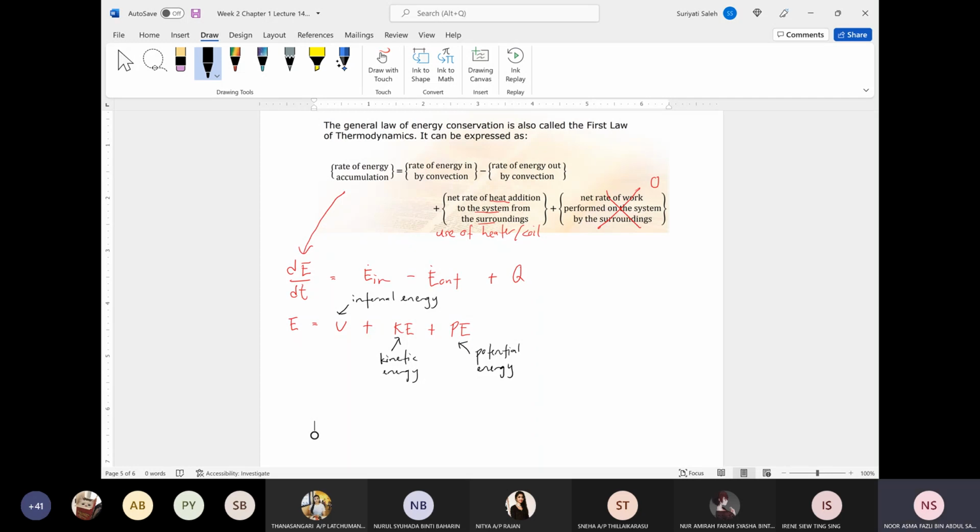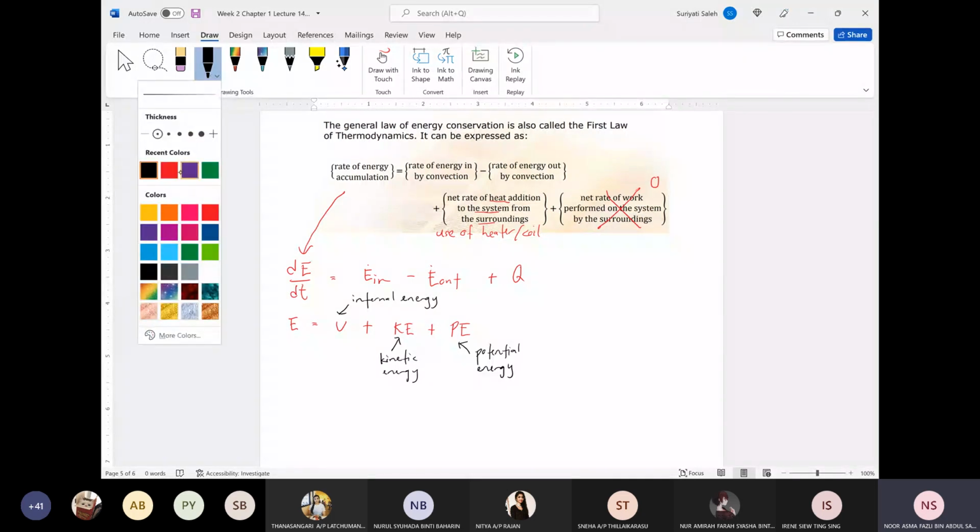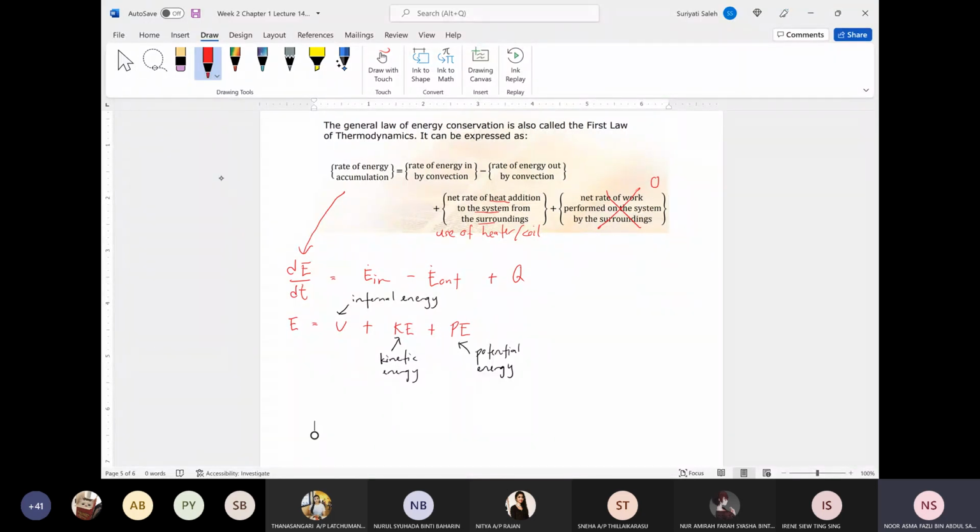It is not moving. It becomes stationary. And since it is stationary and it is not influenced by the difference of height, then normally the kinetic and the potential will be neglected. So the KE here is neglected for our case.